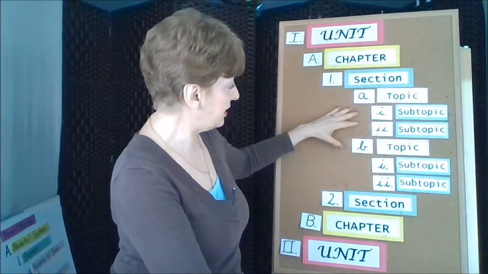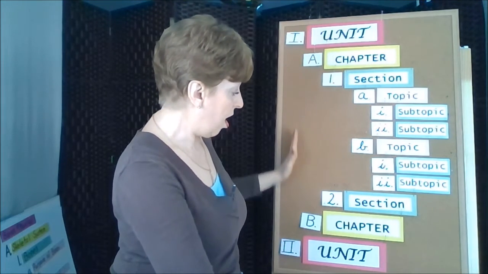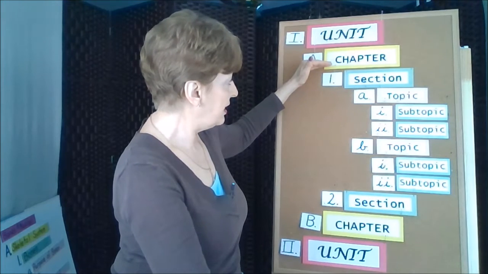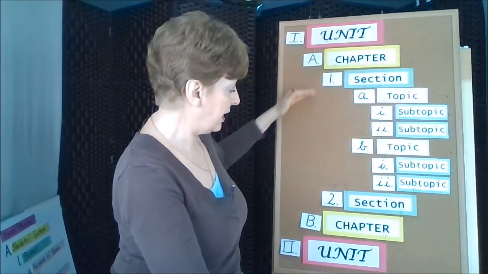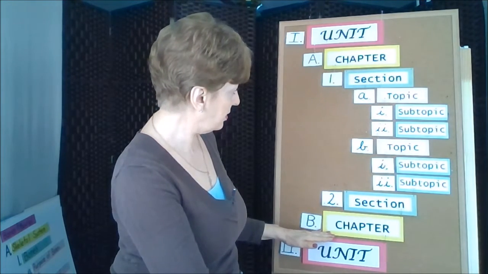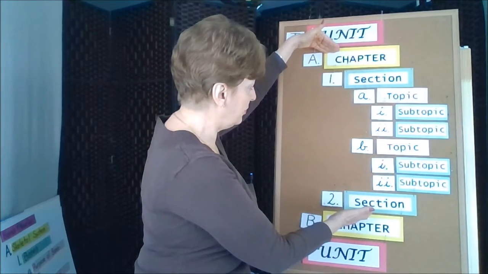So your delineation is that a unit gets all of everything that's underneath it. The chapter is only until we get to the second chapter that's in the textbook. So everything that comes in this area is underneath that chapter.